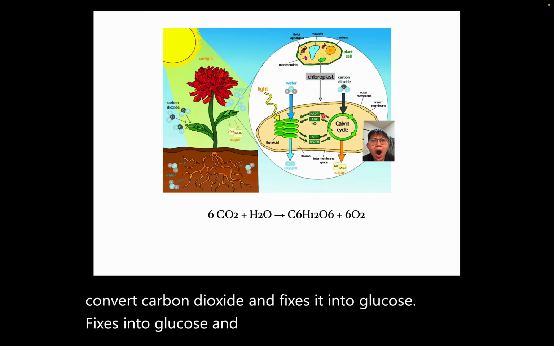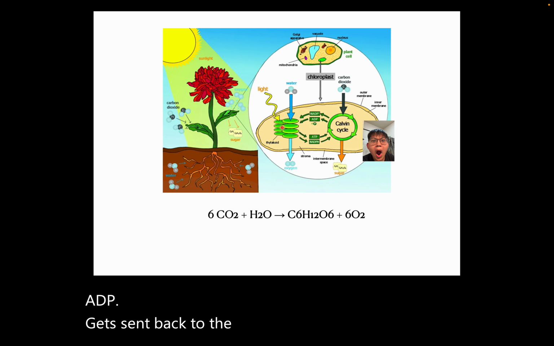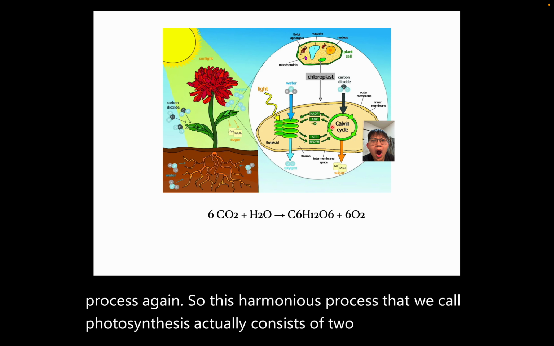And then of course NADP plus and ADP get sent back to the thylakoid to go through this process again. So this harmonious process that we call photosynthesis actually consists of two parts: light dependent and the Calvin cycle.